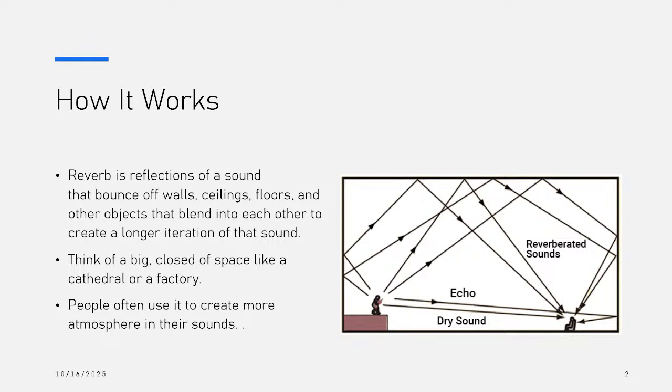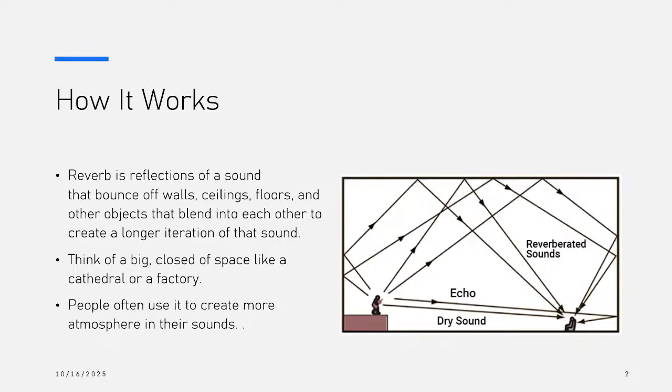Reverberation creates an atmosphere by shaping the sense of space and depth that we perceive in sound. When sound waves reflect and linger in a room, our brains interpret those reflections as clues about the size, shape, and texture of the environment around us.